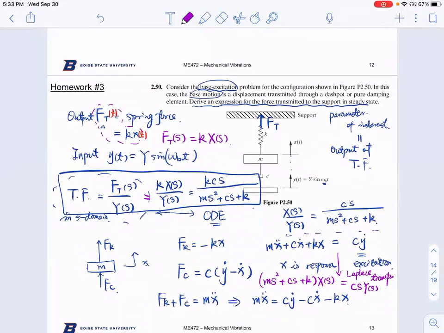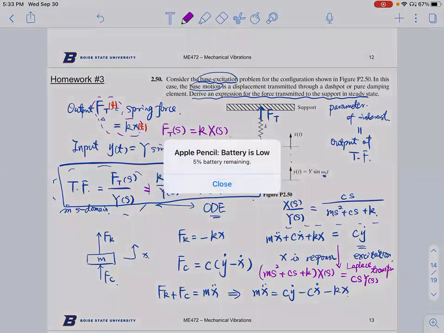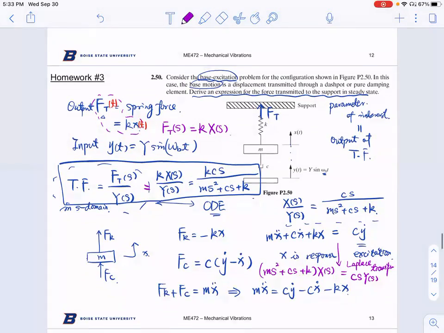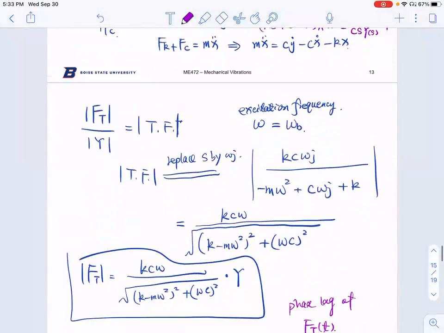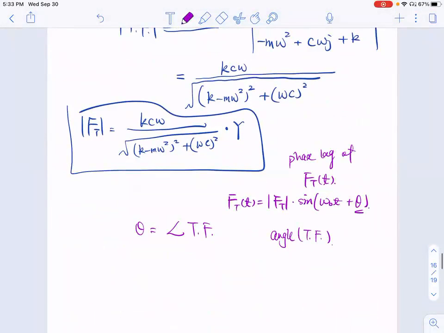If you have output and input, you identify the transfer function you want to find, and then you go back to use Lagrange's method or Newton's second law to find your ODE, and then do the Laplace transform of your ODE to get your transfer function. And then if you have a transfer function, you're going to know the ratio of the steady state amplitude and also the phase of the steady state response.